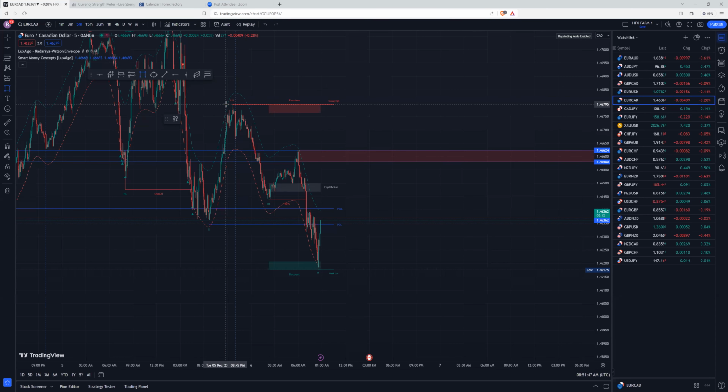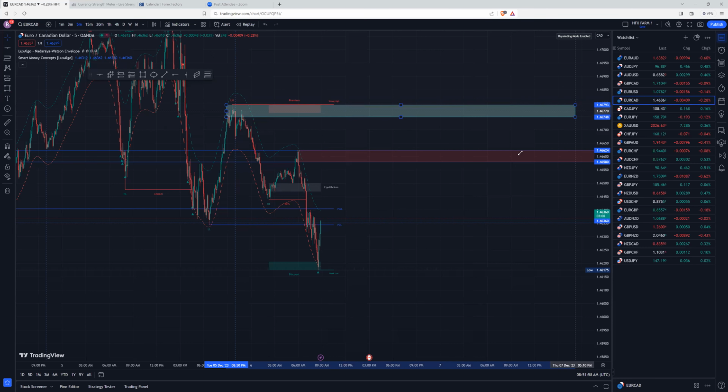Our swing is up here. The swing is not that strong. This is the major swing area. So here will be like our first entry, and here will be our second or third entry maybe. But that's the stronger place.